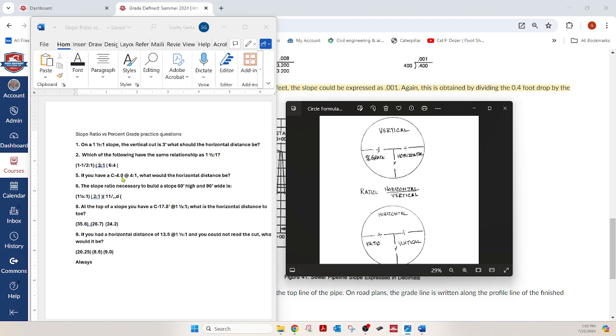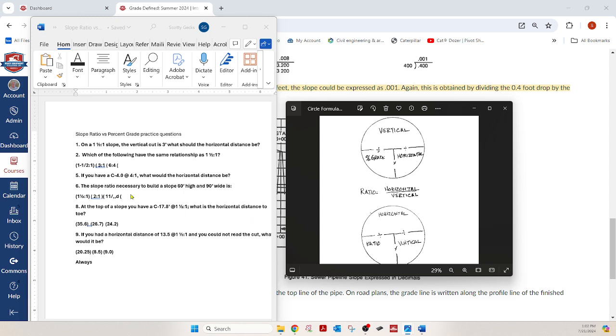Moving on, we're still talking about slopes, I think. If you have a cut of 4 feet in the 4 to 1 slope, what would the horizontal distance be? Well, we have a vertical of 4 feet, so it would go here.